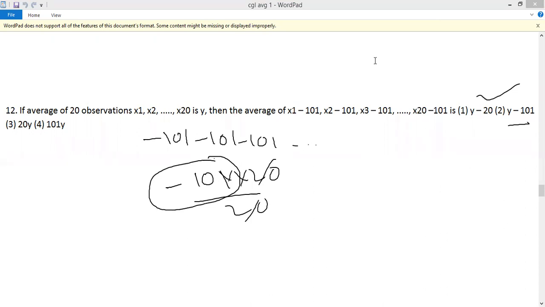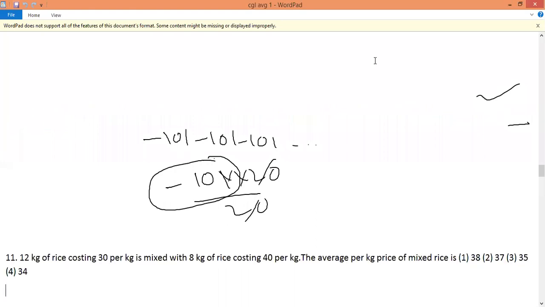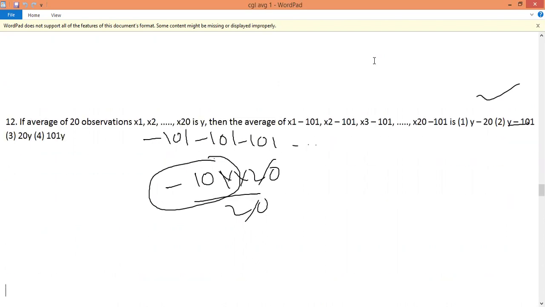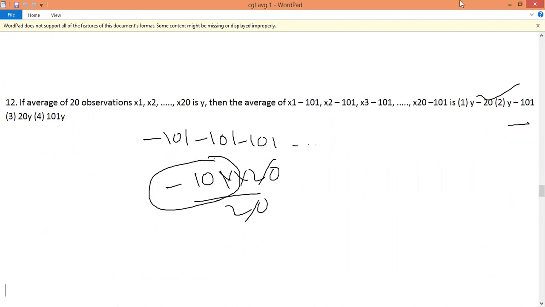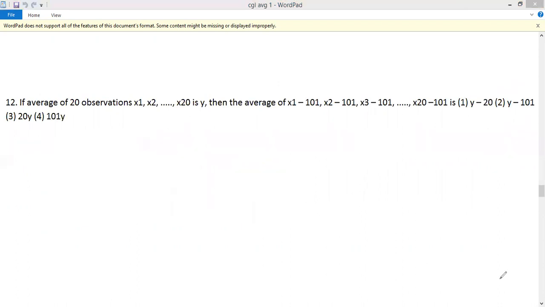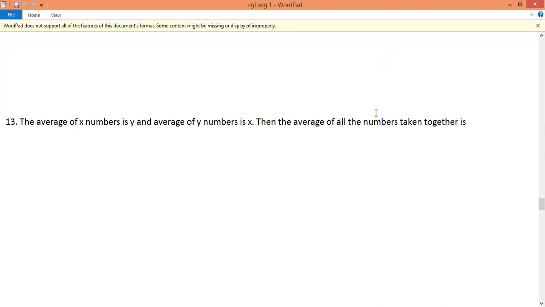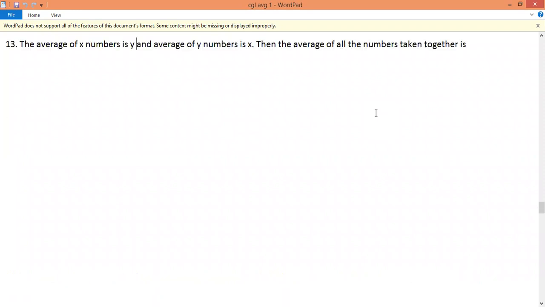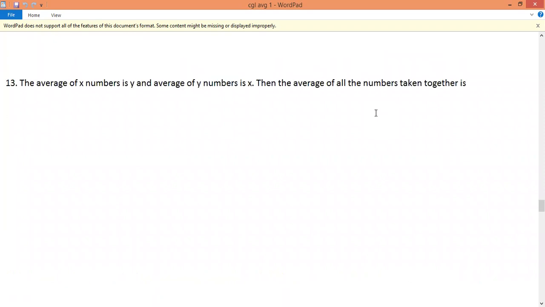Next question. See here. Average of x numbers is y, average of y numbers is x, then average of all the numbers is what?